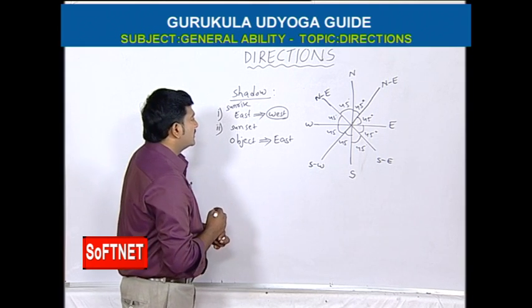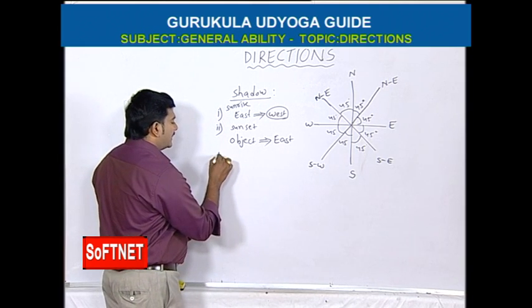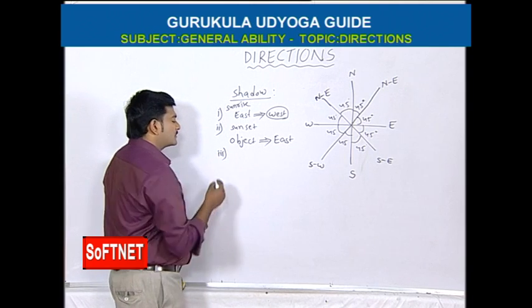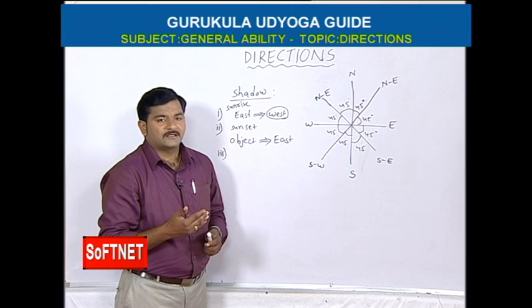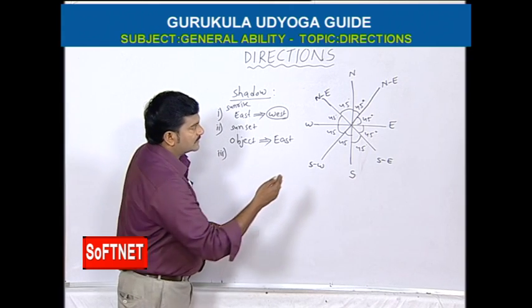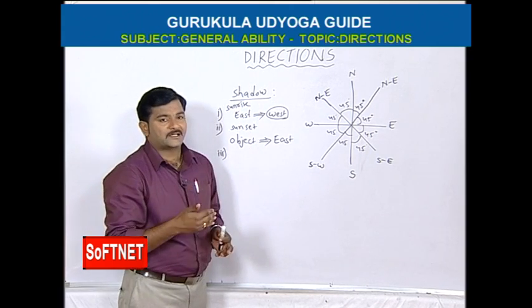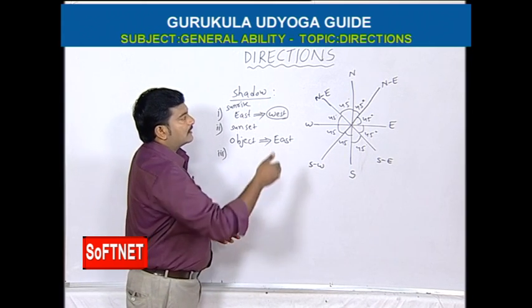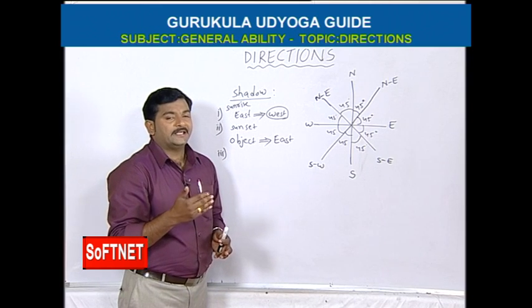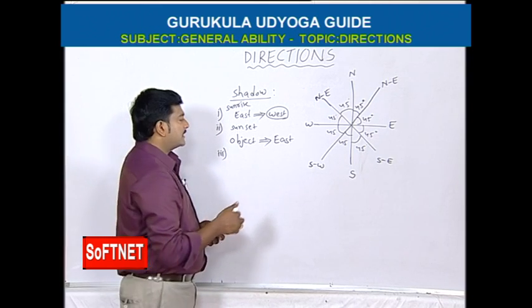And the third point is, for example, at the time of sunrise, think that the person is facing towards north direction, then his shadow will be towards his left.